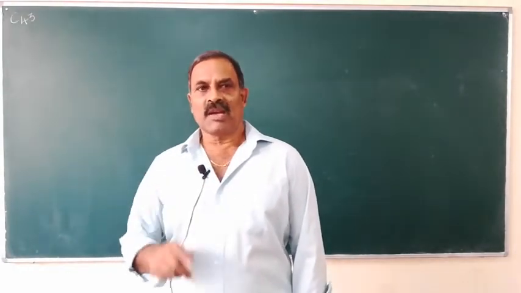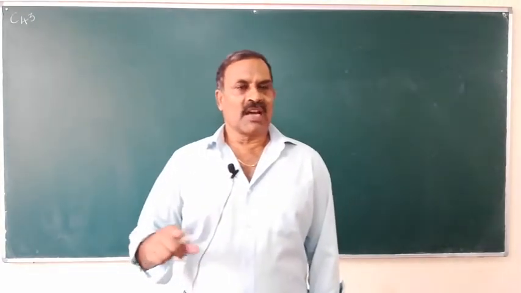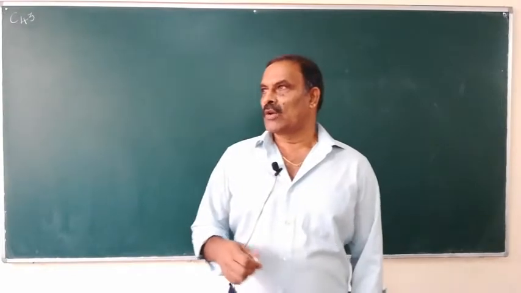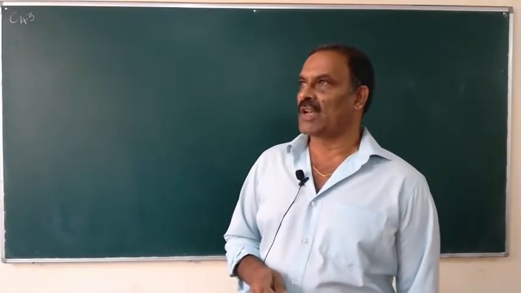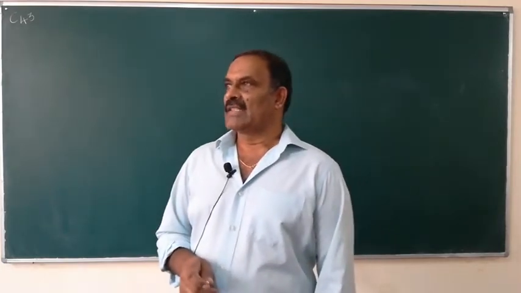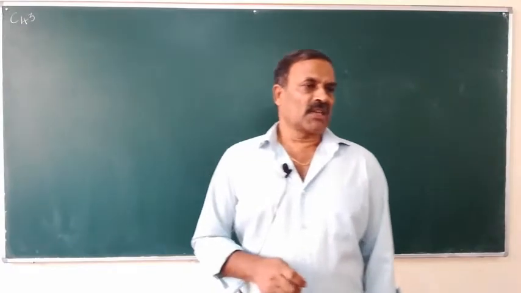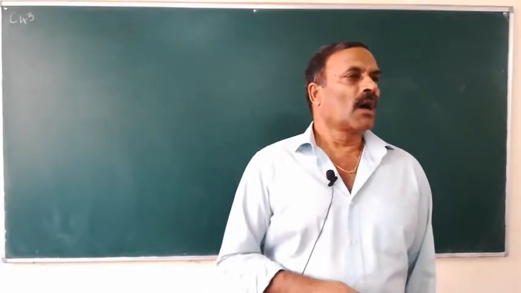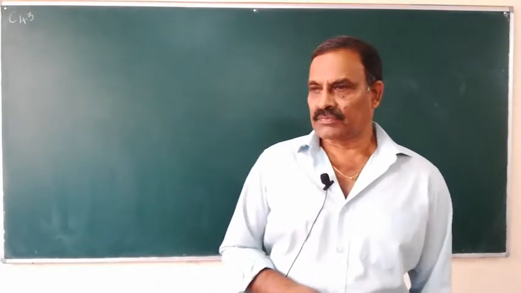So, what is the mathematical representation? W is equal to ZIT. This is the mathematical representation where W is the quantity of the substance deposited or liberated at the respective electrodes, and Z is the electrical equivalent, and I is the current, and T is the time.